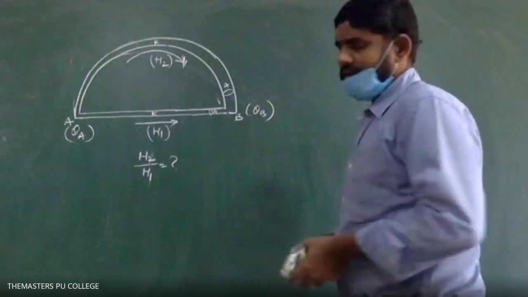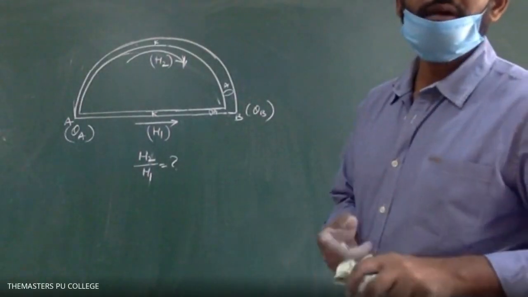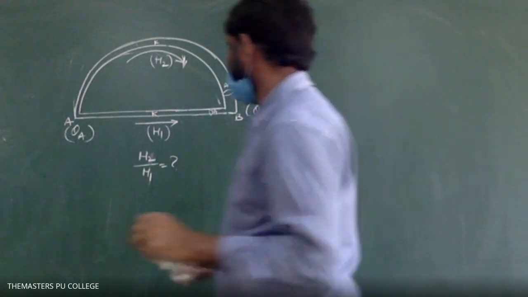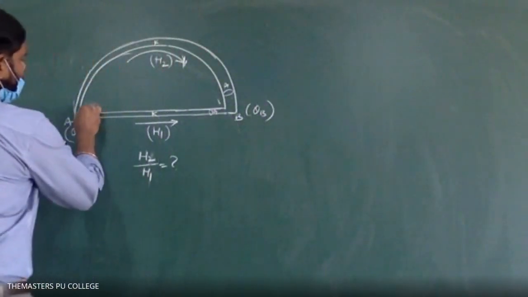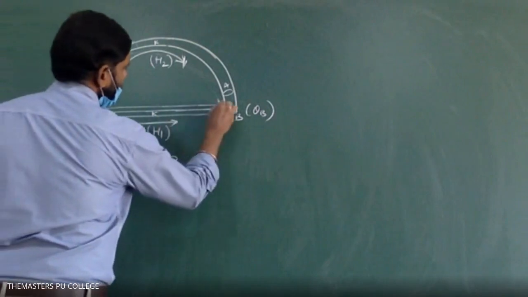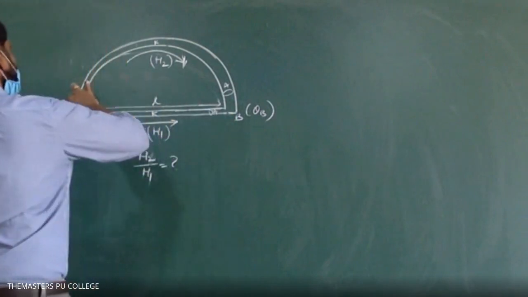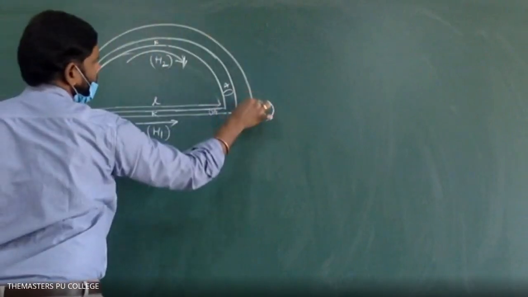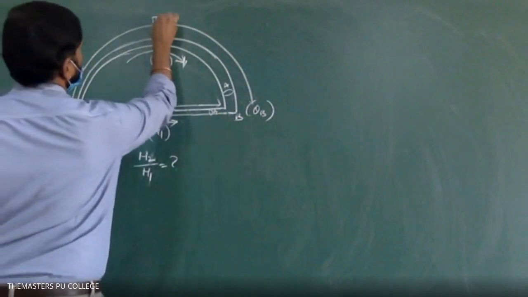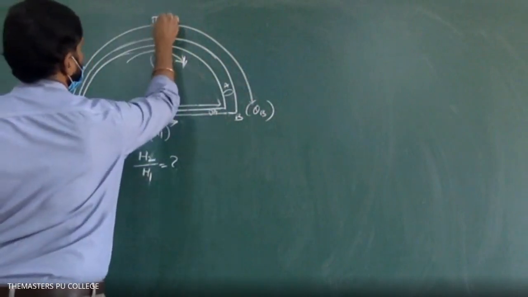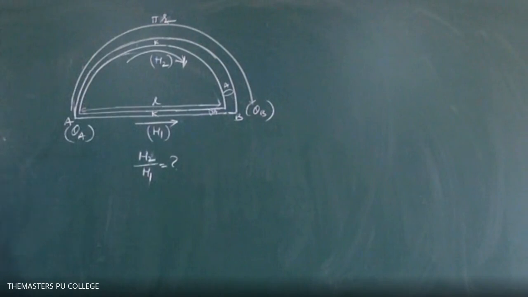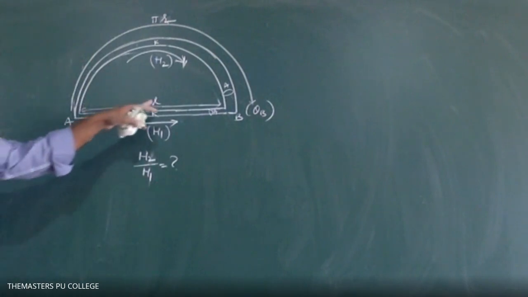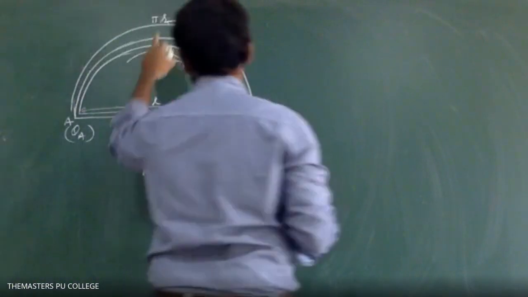We don't know the length, so here you can take this as L, and this is nothing but pi r. So what is the relation between this L and pi r?